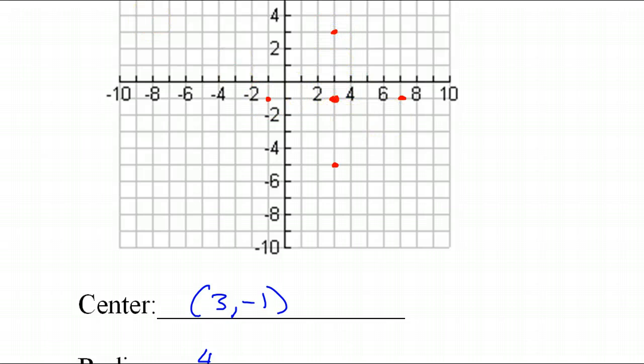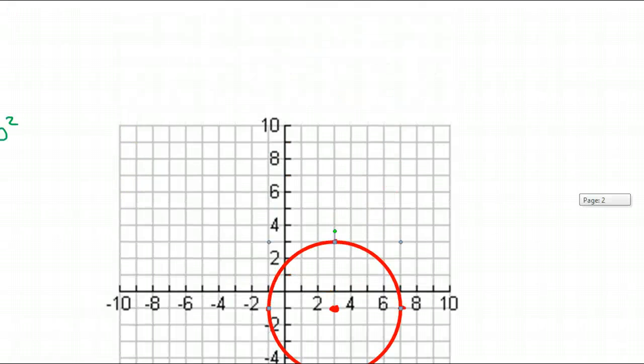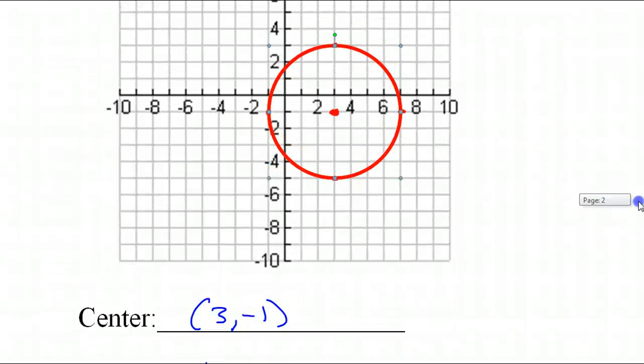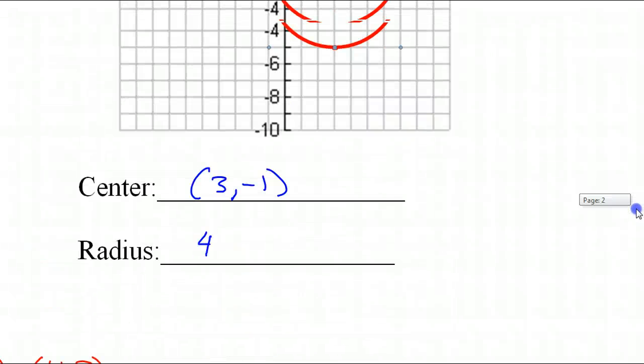There's your circle right there. That might just be all there is to that. I think that's it for that one.